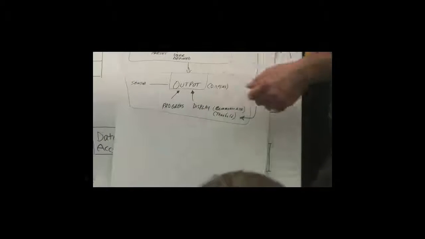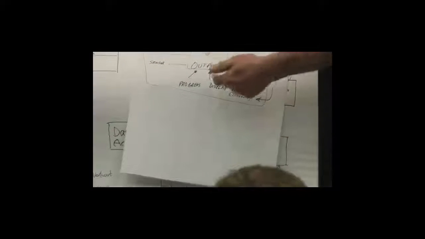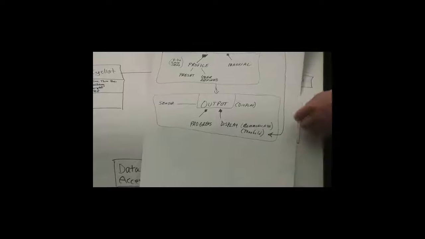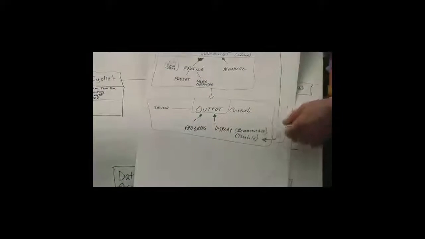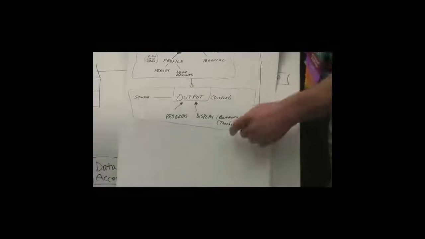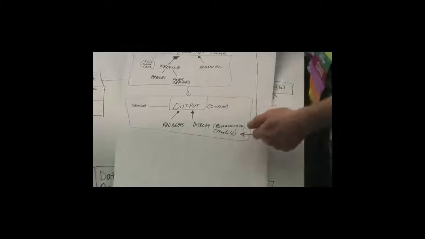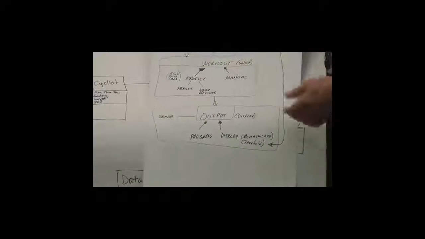So the third class is the output class. The output has progress and has a display. We also have a display method for the output so that we can view it on the display. There's also a communication method, whether to communicate to the display or to the coach.